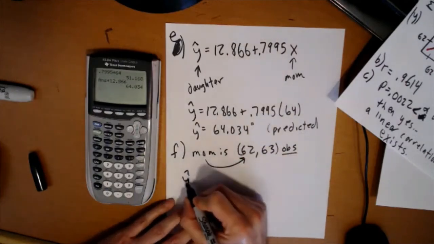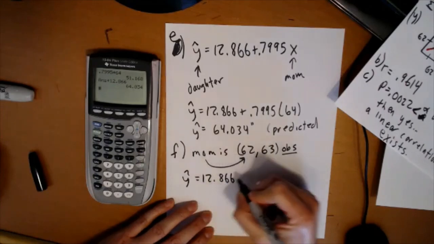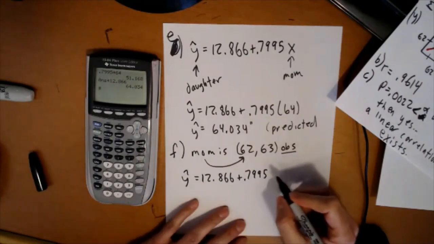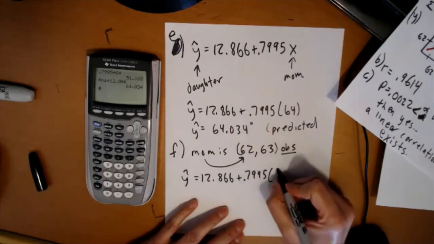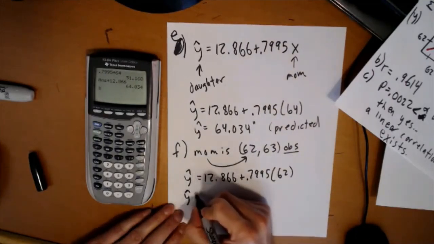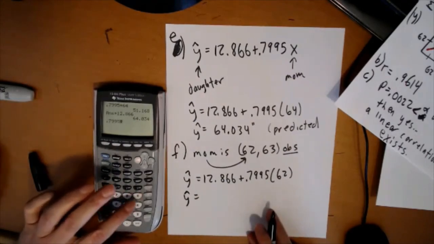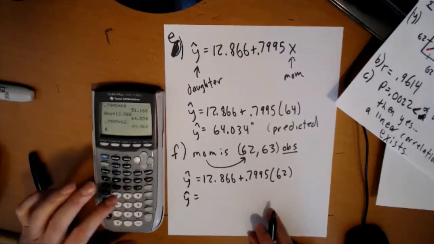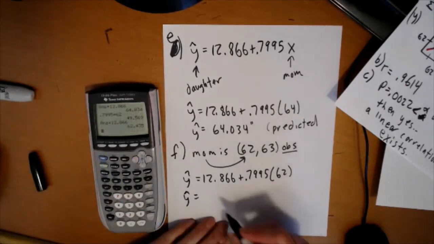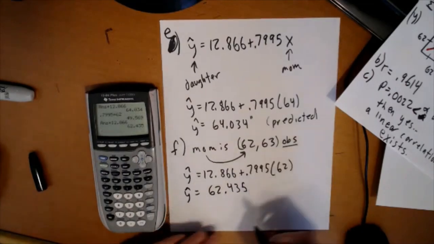62. So let's use this formula and put 62 in it. So y hat, the predicted daughter height, is 12.866 plus 0.7995, and then mom's height is 62. And so y hat is equal to 0.7995 times 62, enter, plus 12.866, enter, 62.435.